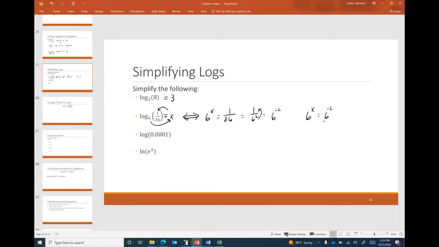Well, by the one-to-one property, x has to equal negative 2, right? So I know that log base 6 of 1 over 36 is going to evaluate to, or simplify to, negative 2.